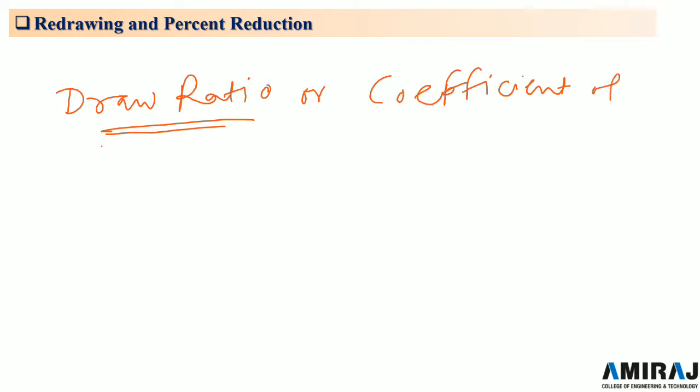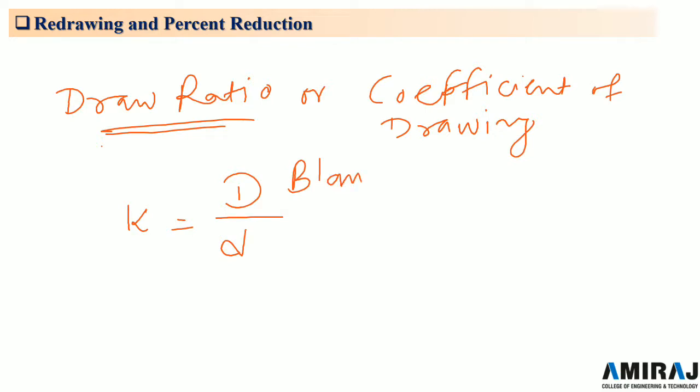Draw ratio, or coefficient of drawing, is defined as the ratio of blank diameter to the shell diameter, which is small k. This is our blank diameter to our shell diameter, and k is the coefficient of drawing or drawing ratio.